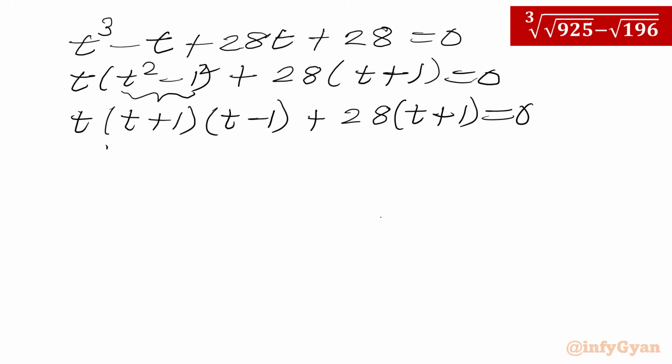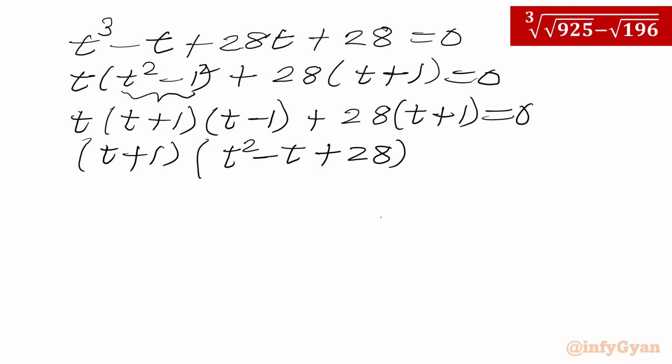Now t plus 1 is overall common. We will write t plus 1 common over here. In bracket t times t minus 1, t square minus t. Then we will write plus 28 equal to 0. Using product 0 rule, we will be getting two equations.